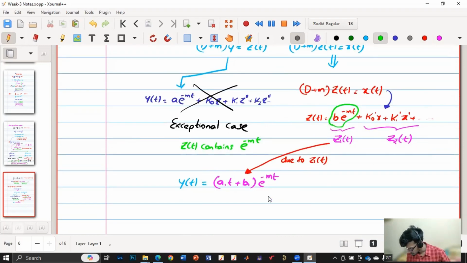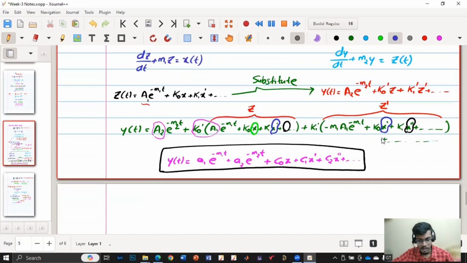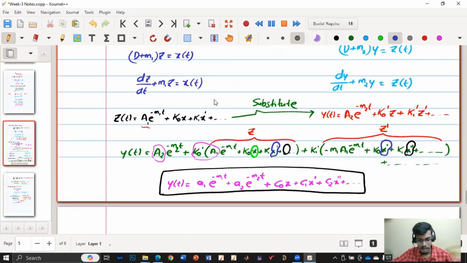Yes, sir. So now my other part is coming because of z2t. If z2t is like a normal function, then I can follow whatever I have written here. So if z2t is some expression, then my y of t will be a2 into e to the power minus mt plus these expressions, right?